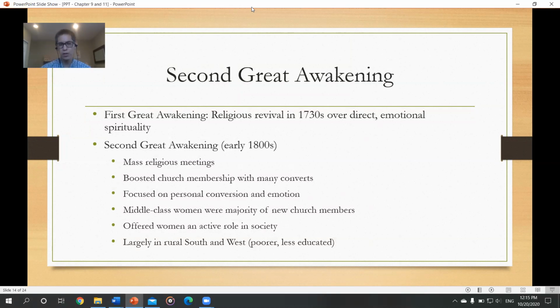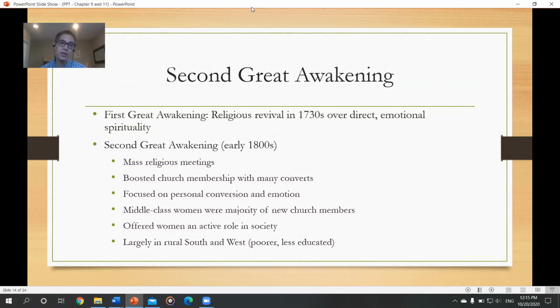And it focused mostly on emotion, kind of like the First Great Awakening did, and also on your personal connection and your personal conversion to be a better Christian. And many of the people who were targeted were middle-class women. Middle-class women saw religion through the Second Great Awakening as a chance to have a more active role in society, to become kind of religious leaders in their community.